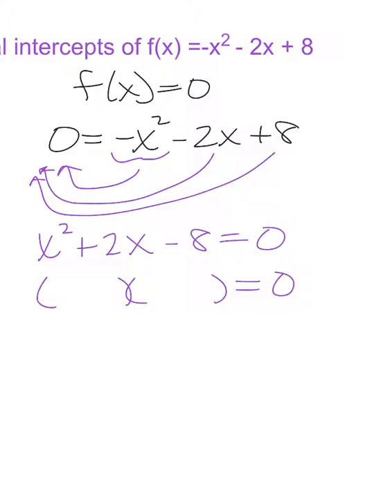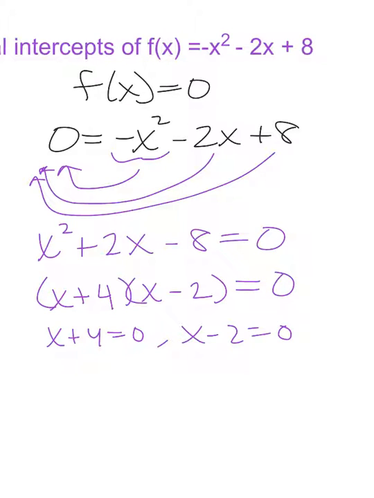Okay, don't lose that equal 0 there. This is a nice basic one to factor. I need numbers that multiply to 8, that combine to a 2, so that's 4 and 2. The 4's got to be positive, then 2's got to be negative, so that they multiply to a negative 8. And when I FOIL it out, the middle term comes out to be a positive 2x. So we'll set each factor to 0.